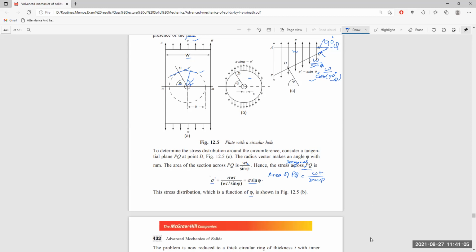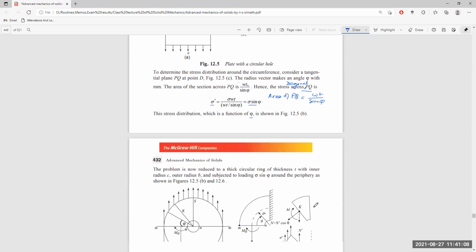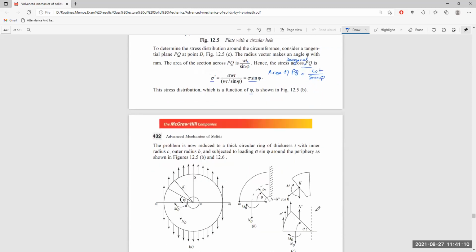Now let us consider a thick circular ring. Actually, what we have done is we have a strip of certain width and thickness with a small hole inside it, whose diameter is known to us, and we have made one imaginary circle like this, surrounding this small circle, and we are ignoring the effect of this inner circle because it is too small.